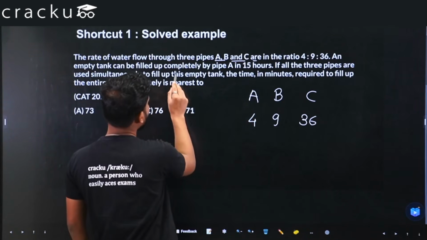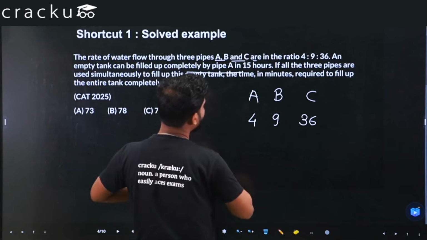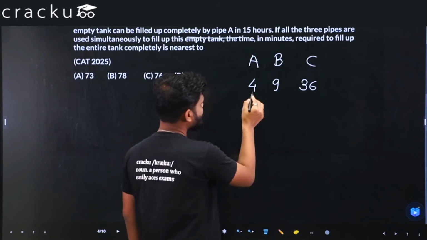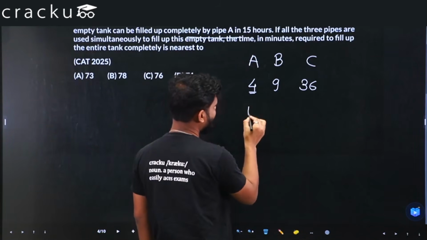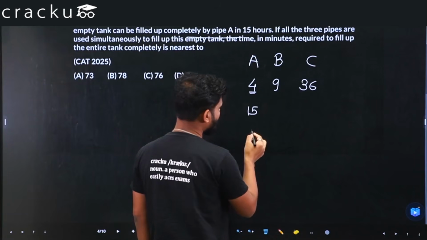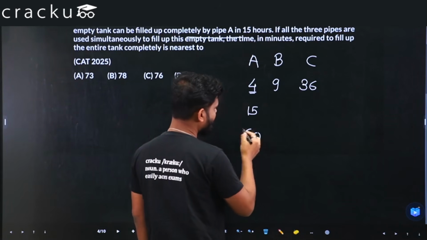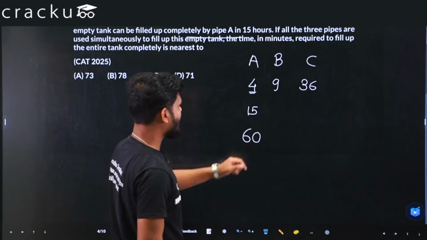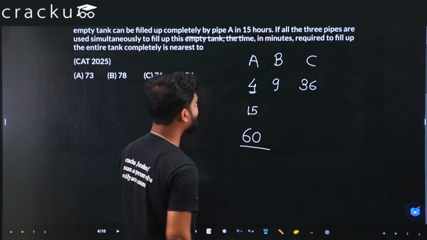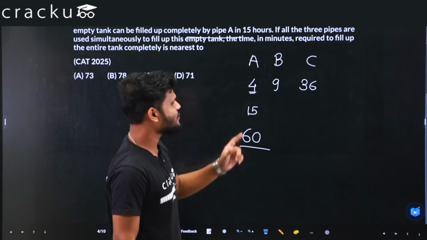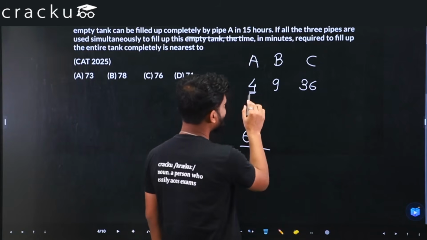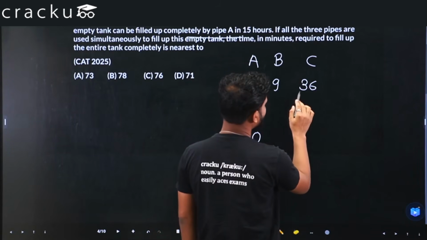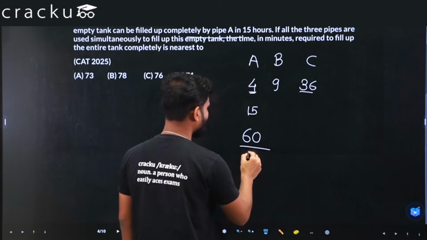It is said a tank is filled completely by pipe A in 15 hours. So if this is the efficiency and it takes 15 hours to complete it, total work will be 15 into 4, 60 units. Now these 60 units need to be completed by all 3. So what is the overall efficiency? It is 4 plus 9, which is 13, 13 plus 36 is 49.